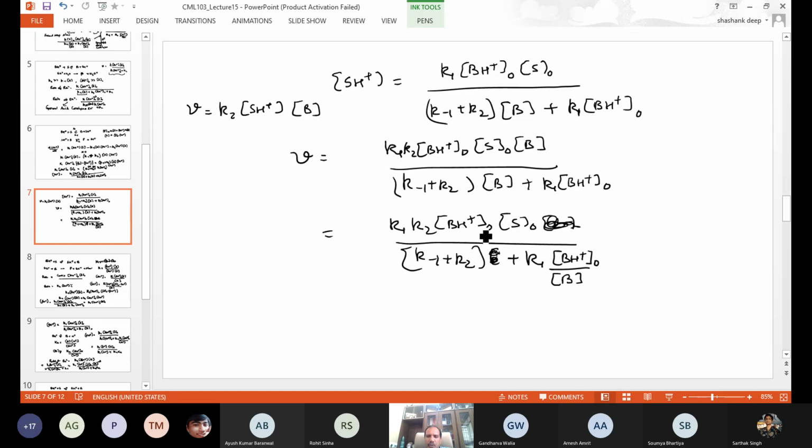So it depends on both BH plus naught and BH plus naught by B. If suppose K minus 1 is negligible, we still have the same case. So in this case, you will not have any specific acid catalyzed reaction. It will always be a general acid catalyzed reaction.